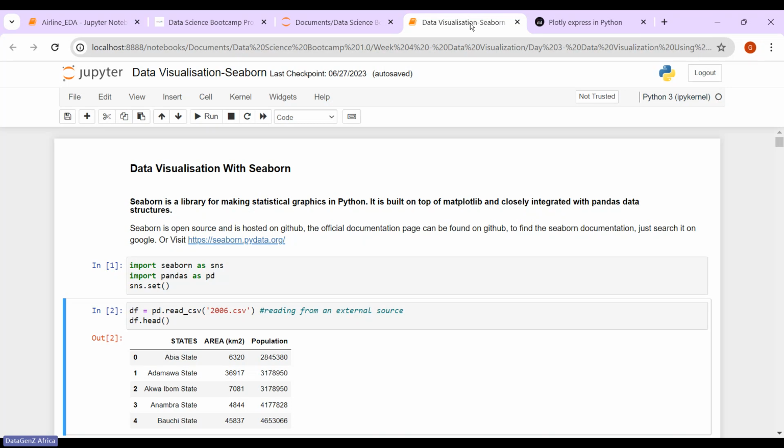So I was saying that Seaborn is a Python visualization package, and it's used to make statistical graphics. When you're doing your analysis, most times before you get to building machine learning models, for people that want to go into core data science and machine learning, you have to first of all explore your data. You need to analyze your data set.